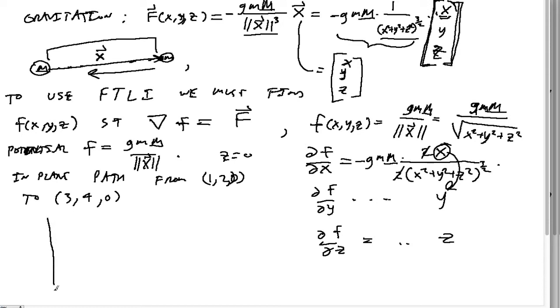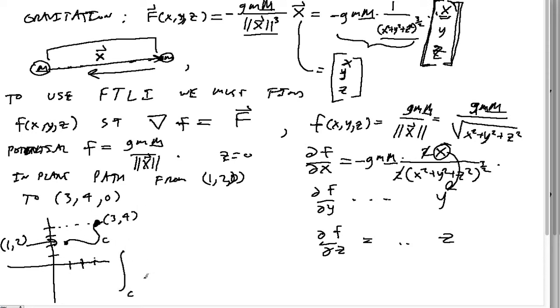So I'll just draw that out. We'll start at 1, 2, and we're going to have some path that goes to 3, 4. All right, we'll call that path C.